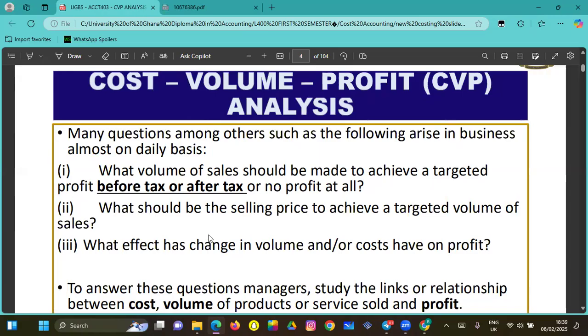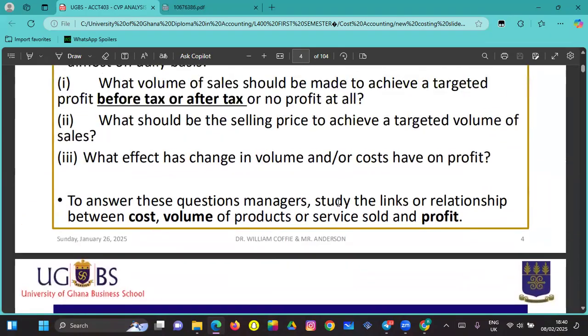What should be the selling price so that we can achieve the targeted volume of sales? And what effect does a change in volume and/or cost have on profit? When we change output, what effect does it have on cost or on profit?